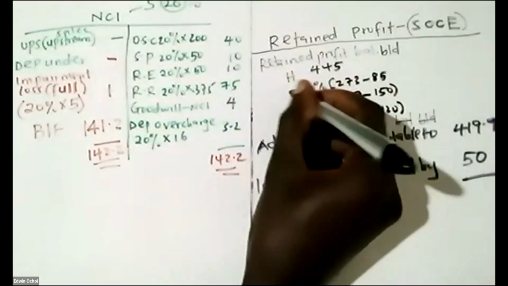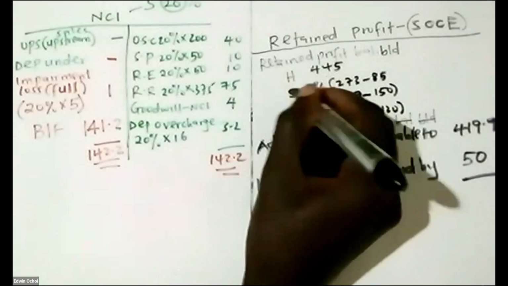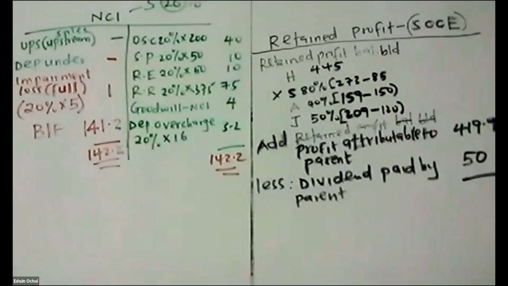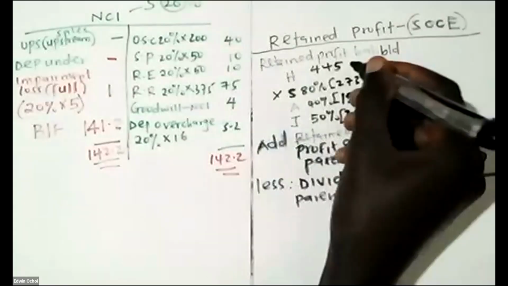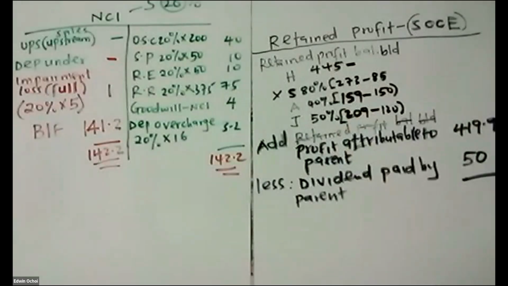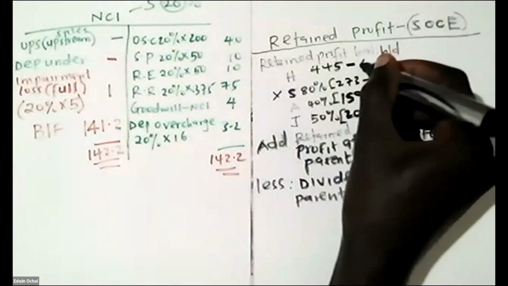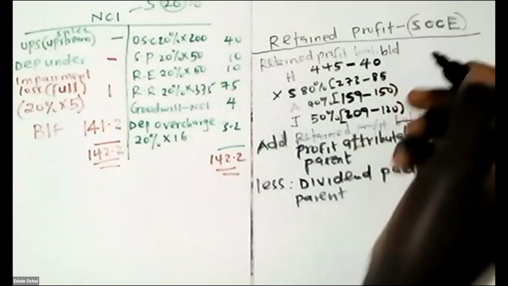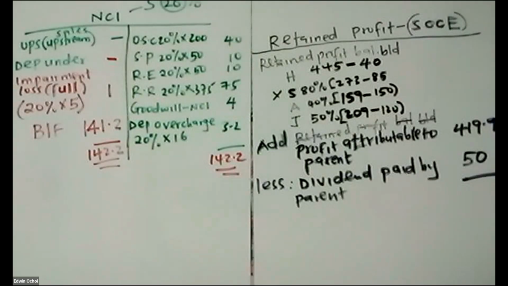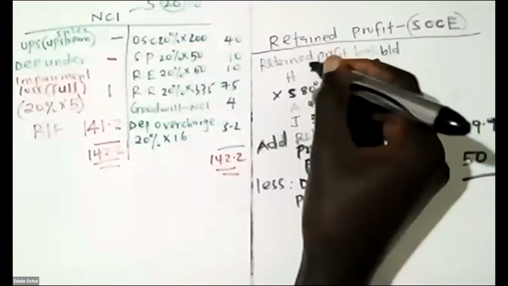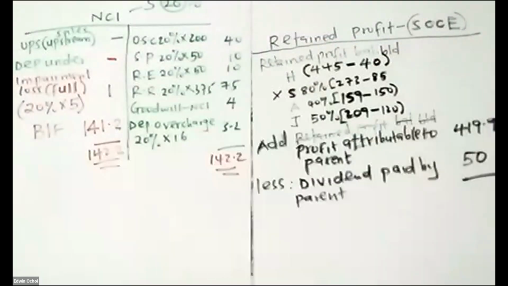But S will never resell that fixed asset, so the profit of H is overstated by what S would never realize. To avoid profit overstatement, we have to subtract that unrealized profit, UPFA of 40.